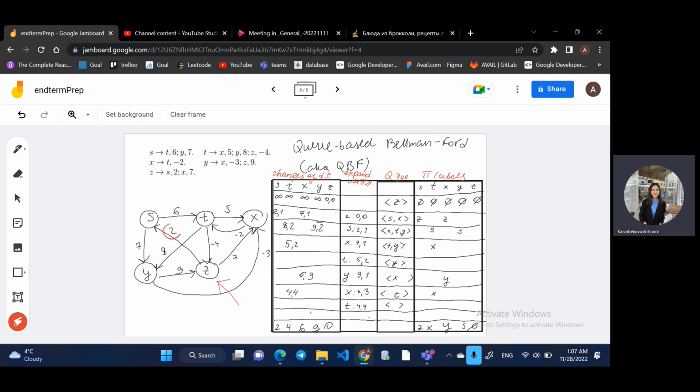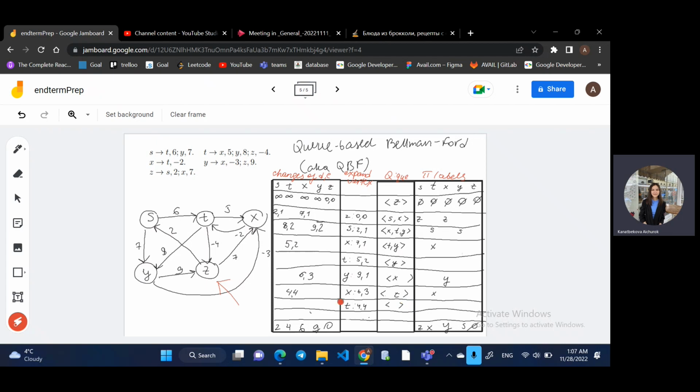Okay, yeah. So this was Y's path. 9 plus 3 is going to be 12, and as you can see, this is 1, 2, 3. So 3 edges. So we update it here and we change its value.